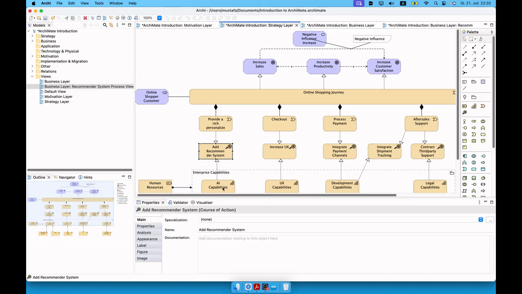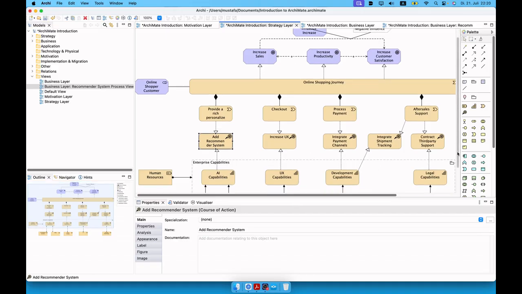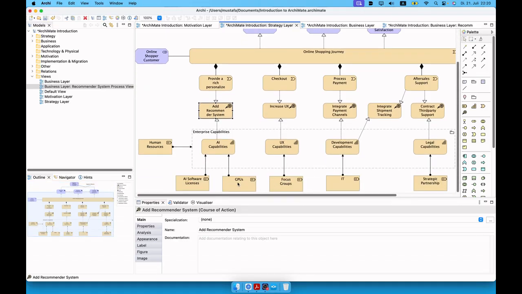We said this will require AI capabilities and different resources such as GPUs, AI software licenses, human resources, and so on and so forth.